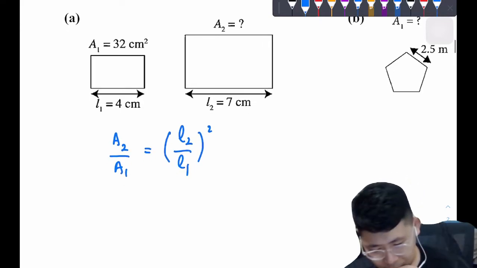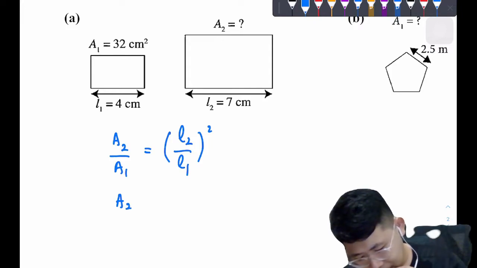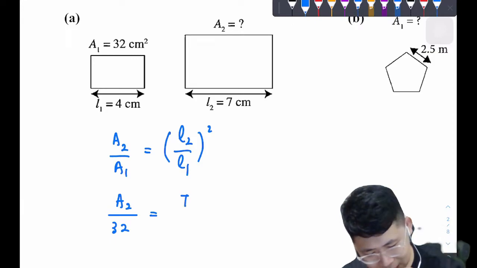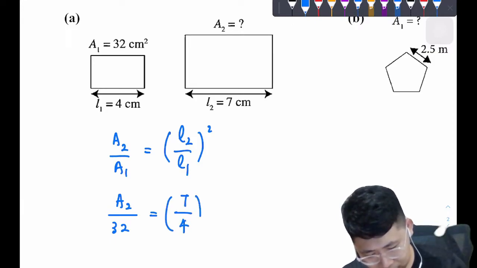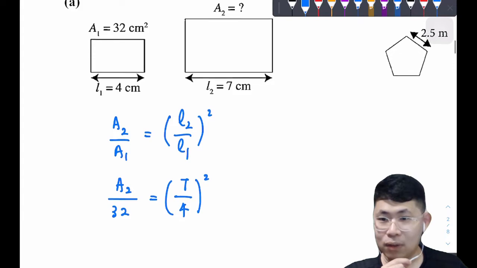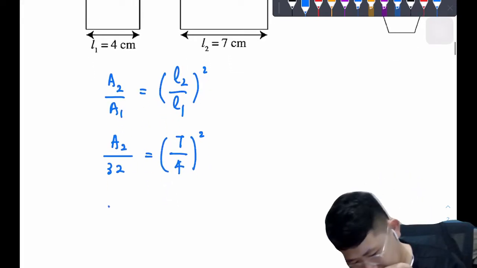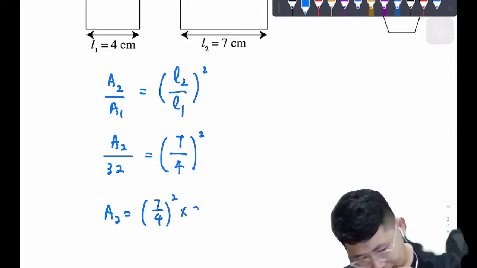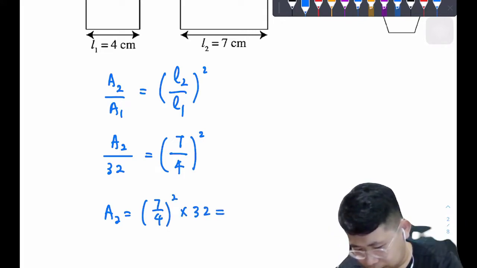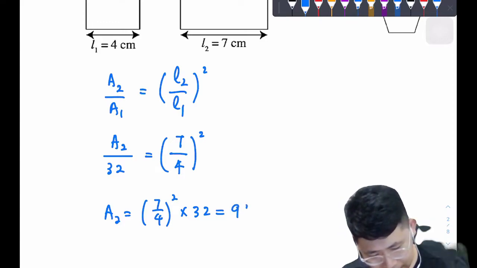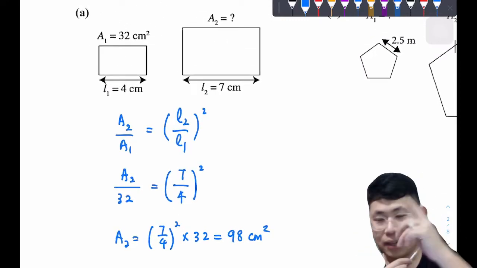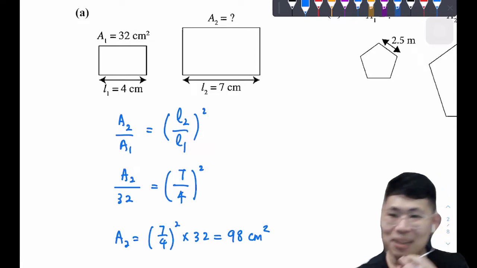A2 is an unknown, area 1 is 32 cm squared, length 2 is 7, length 1 is 4, and this would be squared. So A2 is equal to (7 over 4) squared times 32. This gives me 98 cm squared. As expected, the second shape is bigger than the first one, so it's 98 cm squared.